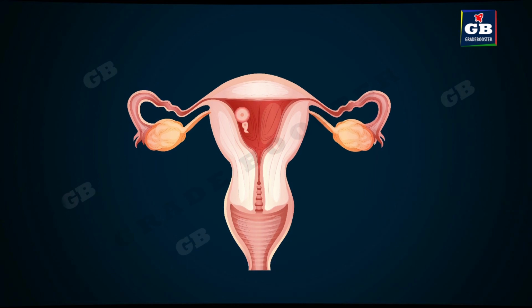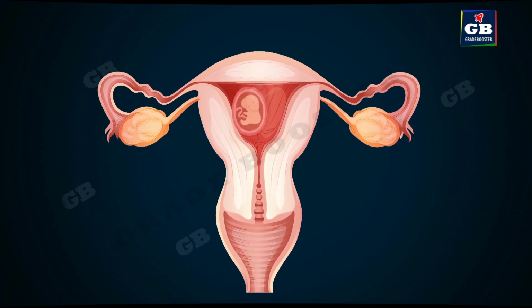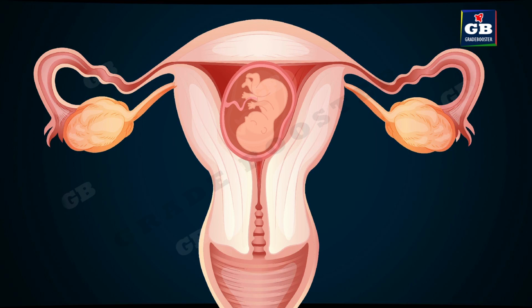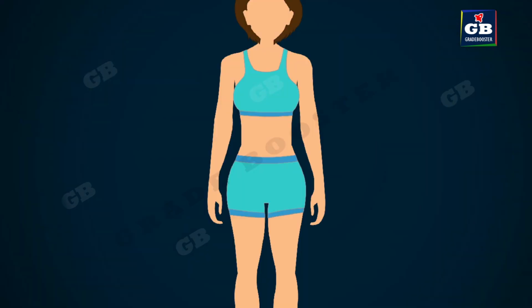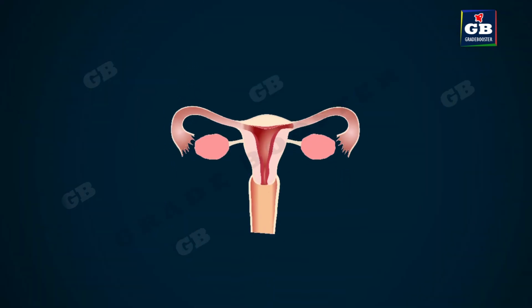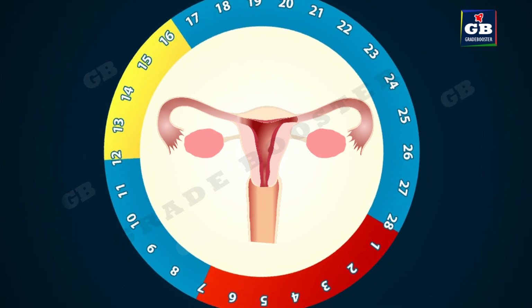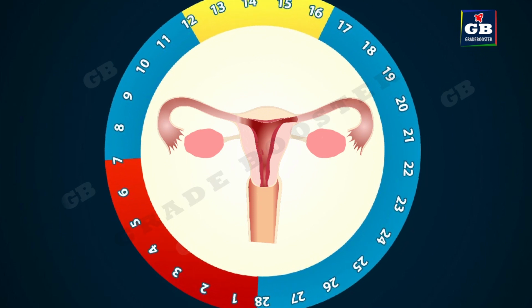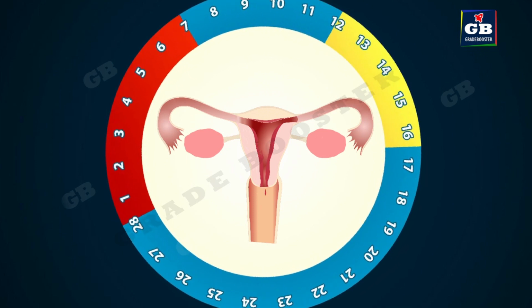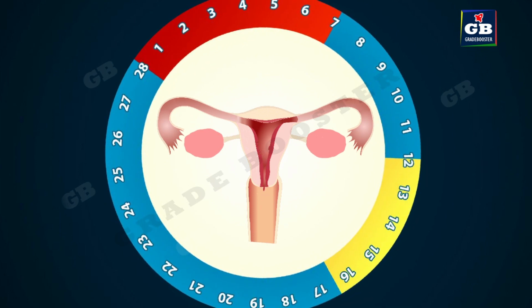If fertilization takes place, the zygote develops into a baby utilizing the preparations made in the uterus. But if fertilization does not happen, the temporary blood lining of the uterus sheds and is expelled out through the vagina. This is how menstruation helps in the process of reproduction.